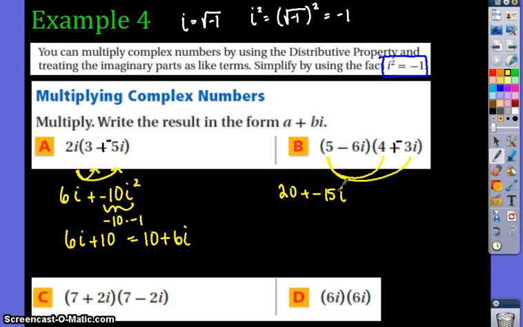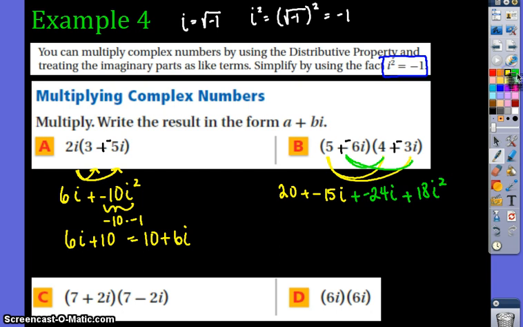And then, remember this is plus a -6i, so we'll do these in green. A -6i times 4 would be plus a -24i. And then a -6 times a -3 would be a positive 18i squared. Okay, red flag right there.